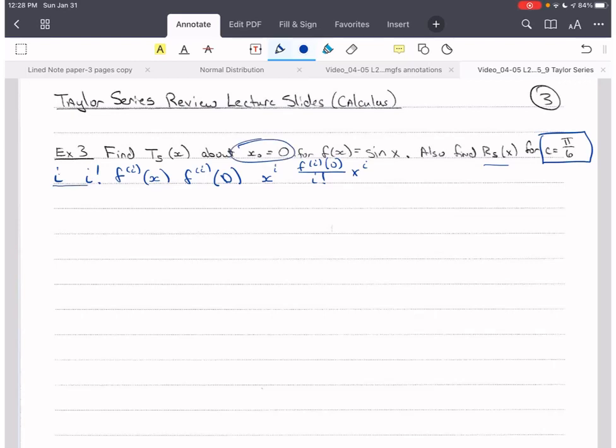All right. So now, it says T5 and R5. So I need 0, 1, 2, 3, 4, 5. And I'll even need 6 for Rn. For R5, I'm going to need the 6th derivative. Okay, so 1, 2, 6, 24, times 5 is 120, times 6 is 720.